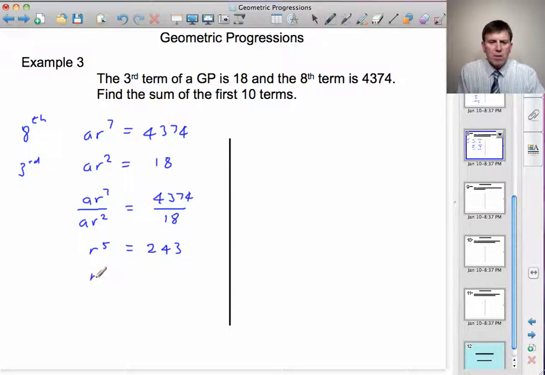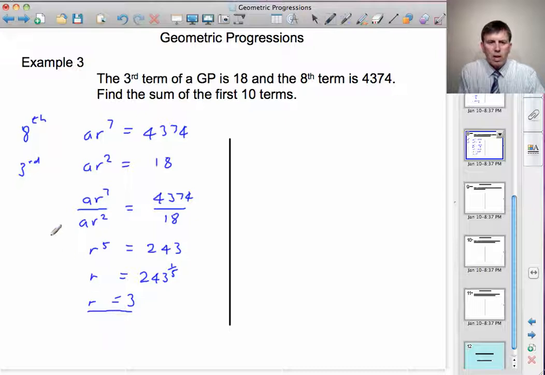So R is simply the fifth root of 243, which I can write as 243 to the power 1/5. Put that in the calculator and R turns out to be 3. Fifth root of 243 is 3.